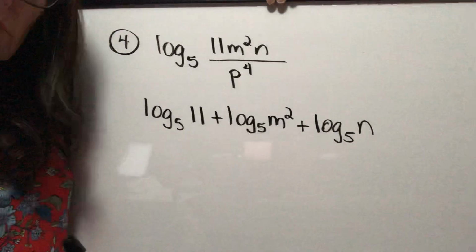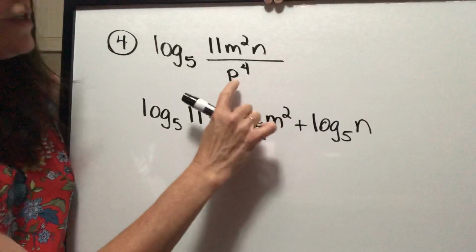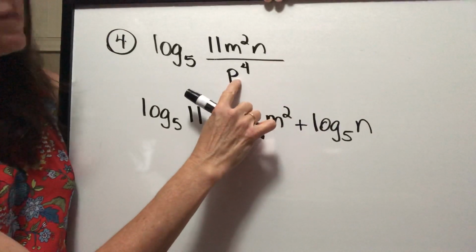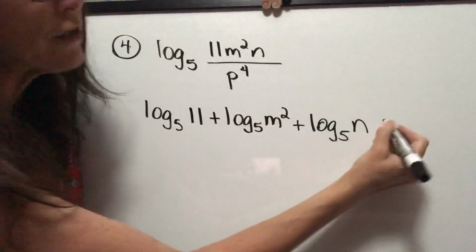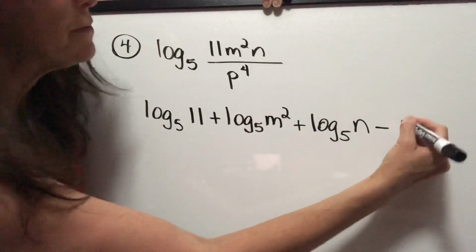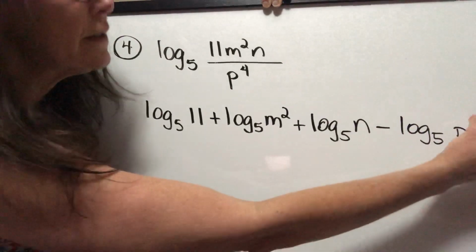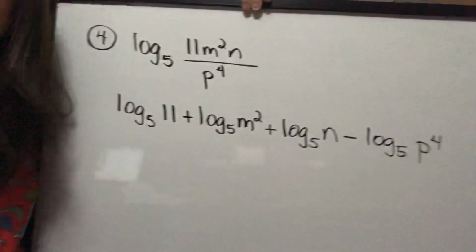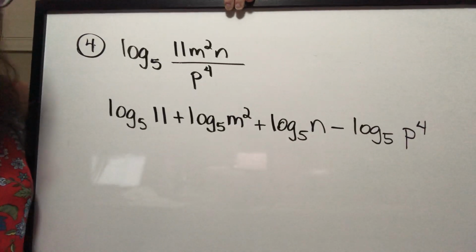And then there's one more log. Because this is a division symbol, like fractions are division, that means that this number is being divided. So if you look at the quotient rule at the top, that's subtraction. So you would have a subtraction symbol, and then another log with a base of 5, and then p to the 4th power. Okay, so that's the first step, is to write it as 4 separate logs.